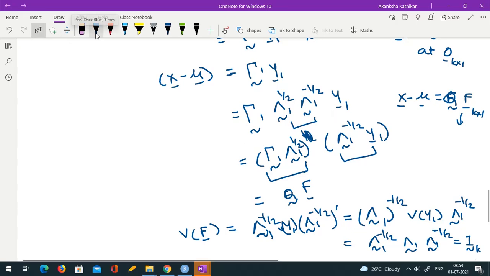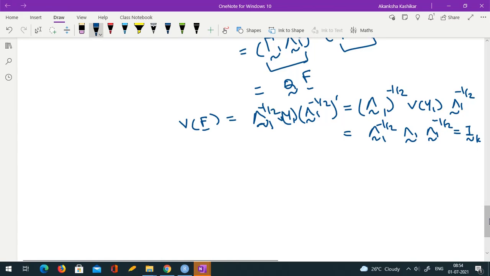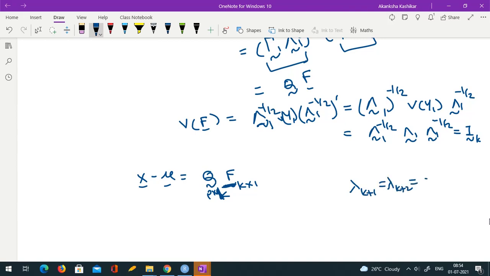So what we have done here is, yes, we have finally got centered x, so x minus mu, as some matrix into some factors. F is a vector of order k cross 1, Q is of order p cross k. But this could be achieved only because I had assumed that my lambda k plus 1, lambda k plus 2, etc. are all 0.